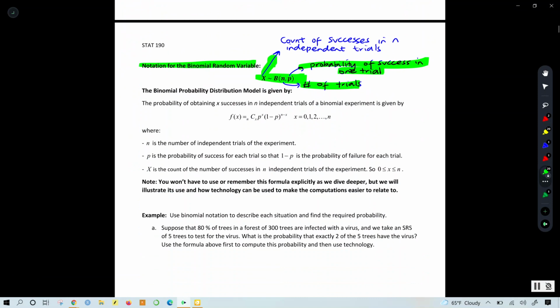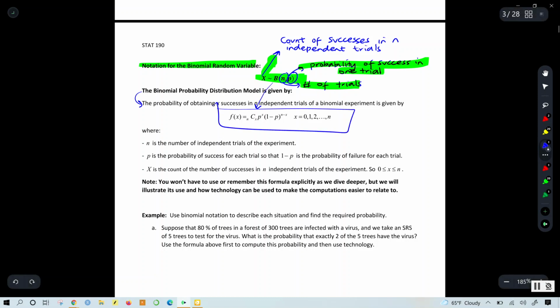So anytime we judge a scenario or an experiment to follow the patterns of a binomial experiment, we can identify them by describing the parameters. Now, when we want to compute any probability associated with a binomial experiment, we use this formula. Eventually, you would not need to remember this formula because we will use technology to help us compute the values.